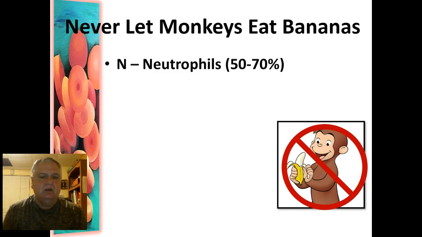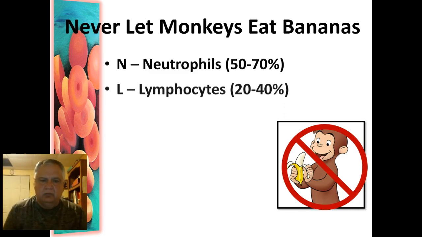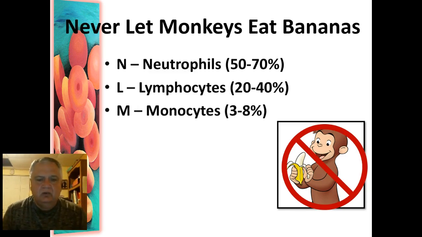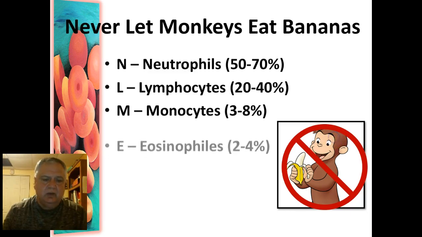So never, N, neutrophils, they're about 50 to 70% of the leukocyte population. Let, lymphocytes, about 20 to 40% they should be. Monocytes should be in a range of about 3 to 8%. So E or M for monkeys.